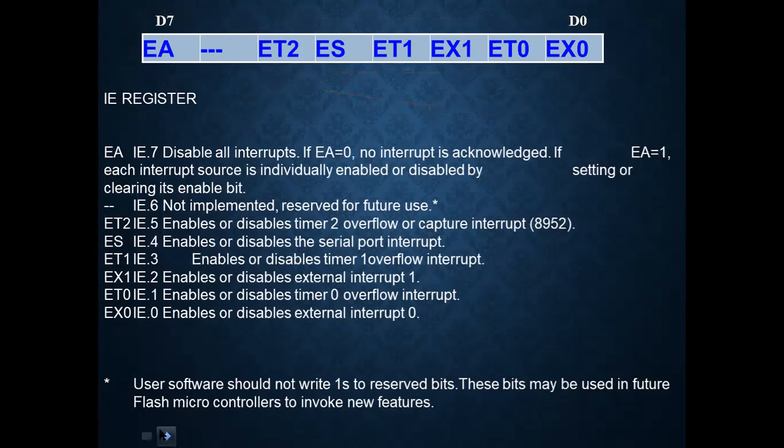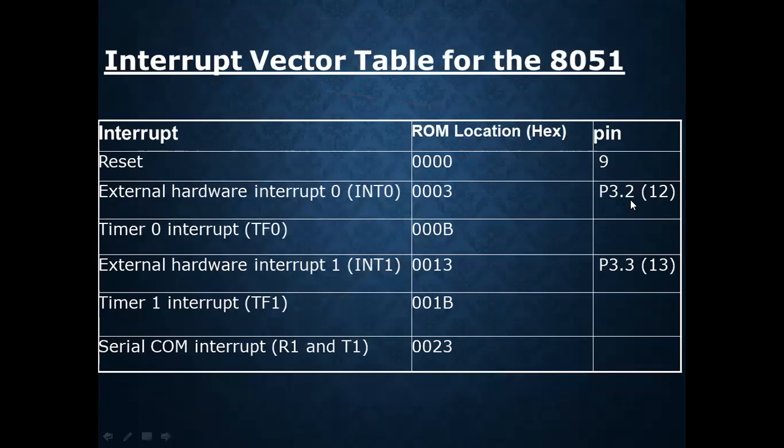Okay, we are going forward. As we have discussed, there is a vector table for 8051. You should write in your copy that whenever we press reset, the ROM location will be 0000H. Whenever an external hardware interrupt comes from the INT0 pin, it jumps to 0003H, and so on. Understood?